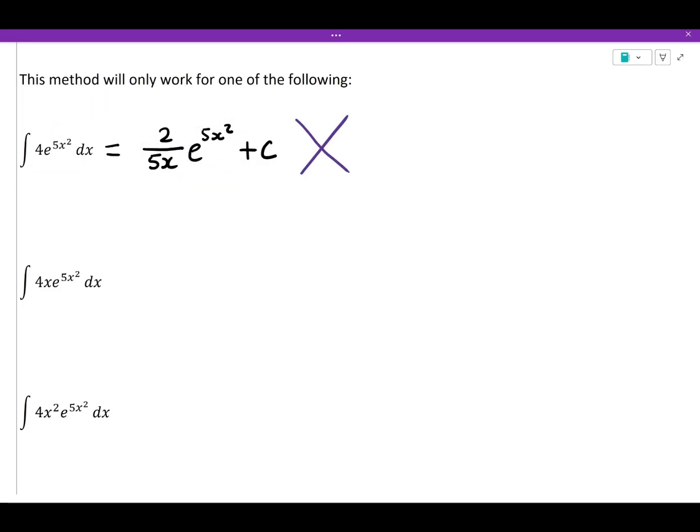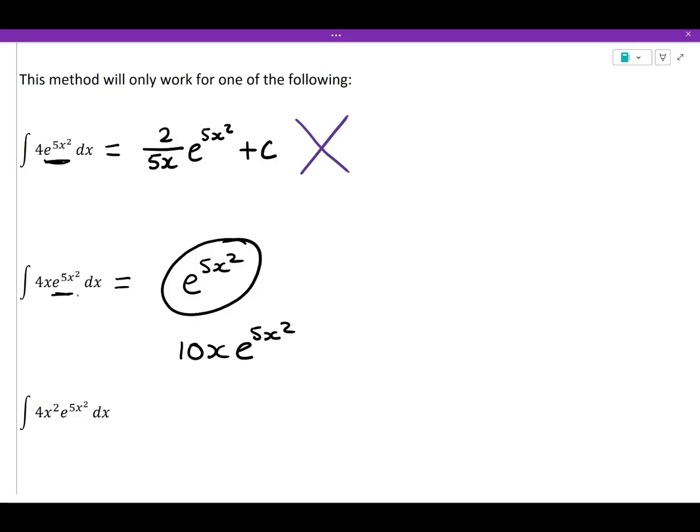So if we're using the reverse chain rule, I know that the e to the power of 5x squared is definitely going to be in my answer. Then what we're going to do is differentiate this here and compare it to the initial integral. I've already spoken about the derivative because it's the same format as the previous question we did. And the derivative was 10x multiplied by e to the power of 5x squared.